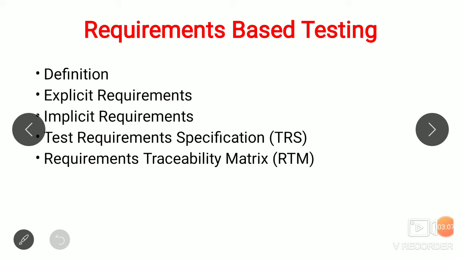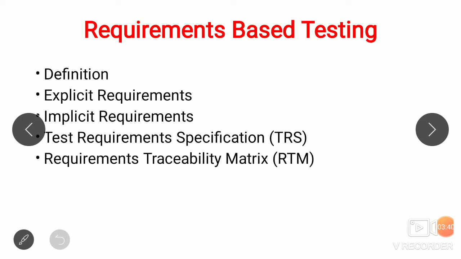See here, all explicit requirements and implicit requirements are collected and documented as the test requirement specification. This is also called TRS. In the exam they may ask for 2 marks: what is the difference between TRS and SRS?